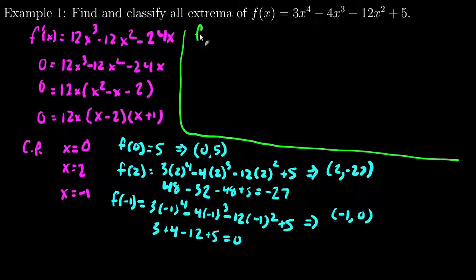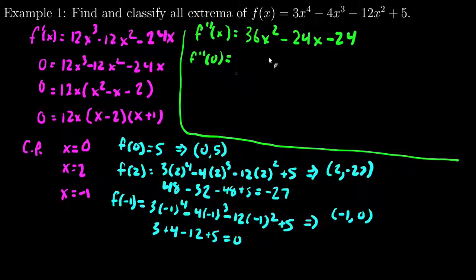So the second derivative is going to be 36x squared minus 24x minus 24. I put in the 0, so f double prime of 0 will be negative 24.